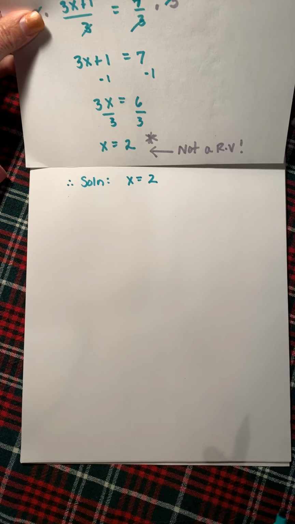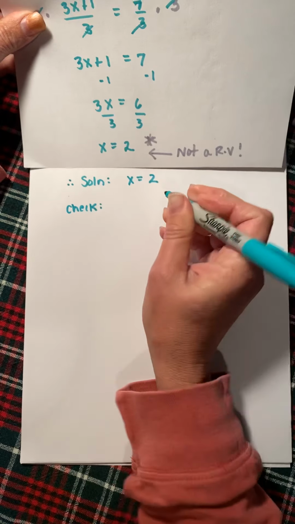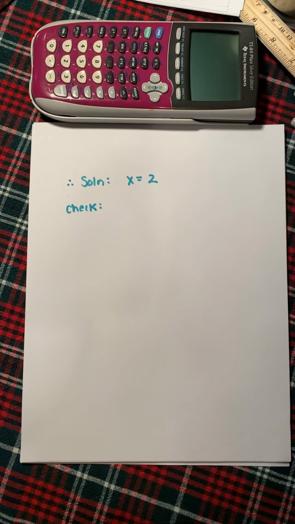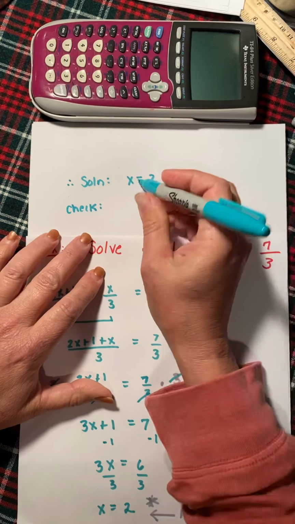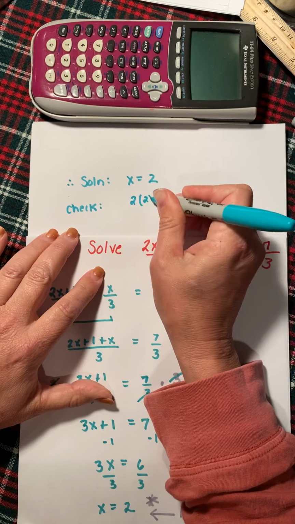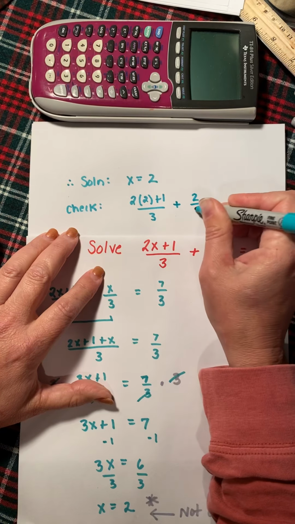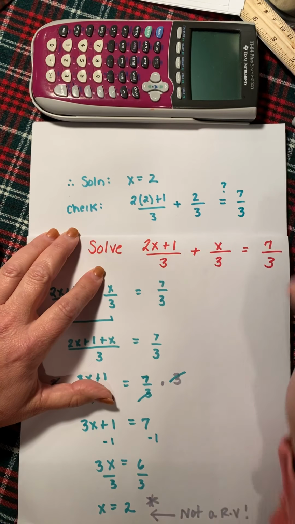Now you can go back in the original and we can check. We're not going to check all of them, but you can always check. So here's my original equation, and I'm going to put 2 into the original equation. 2 times 2 plus 1 all over 3 plus 2 over 3, and does that equal 7/3?